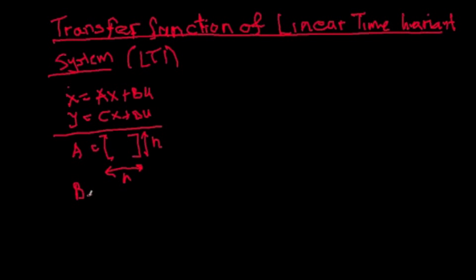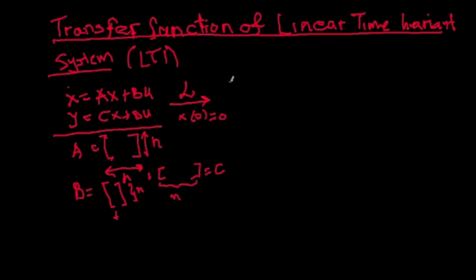B is a matrix n by 1 for the SISO system, single input, single output, and C is a matrix that is 1 by n.